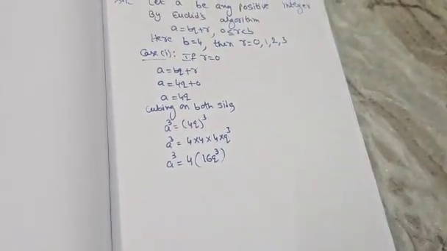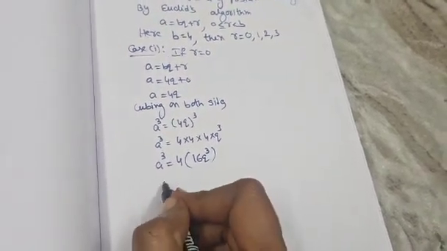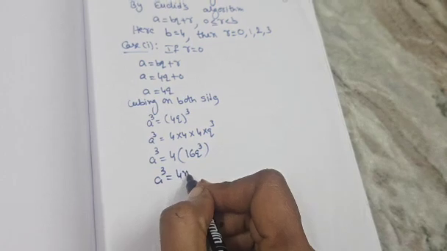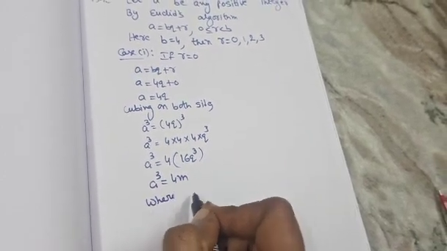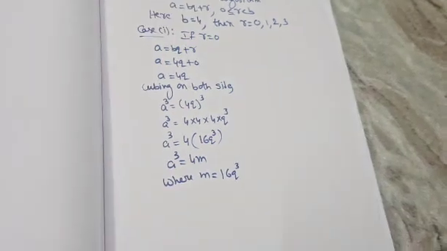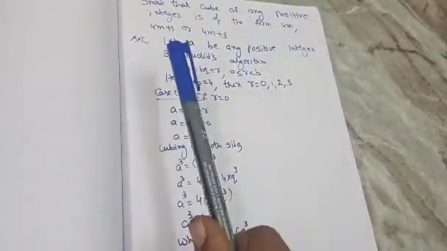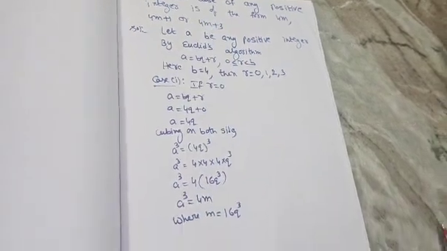Why? We have to show 4m, 4m plus 1, 4m plus 3. So 4 we have to take common. So we write 4m, where m equal to 16 q cube. Did you understand? So we got 4m. Still we need 4m plus 1, 4m plus 3.